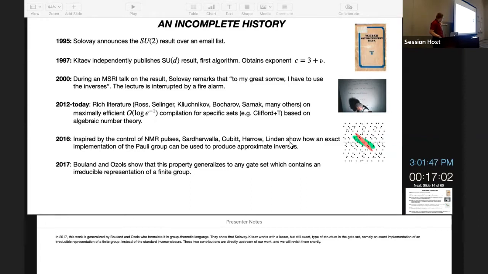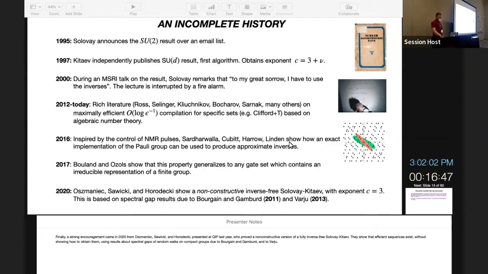At this point, there's an intermediate version of Solovay-Kitaev that says you don't need exact inverses for everything, but you need some exact structure, in the form of an exact representation of some finite group, or a one-design. Finally, a strong advance came in 2020 from the work of Aharonov, Arad, and others, which was presented at QIP last year. They prove a non-constructive inverse-free Solovay-Kitaev.